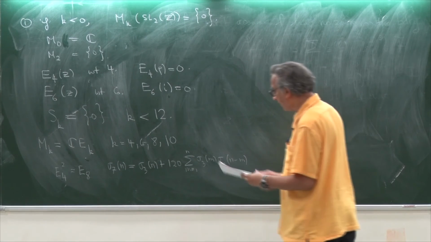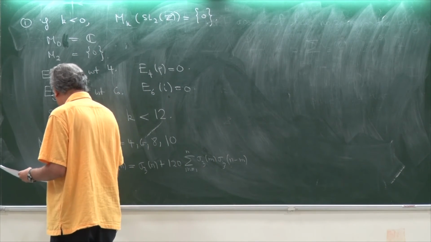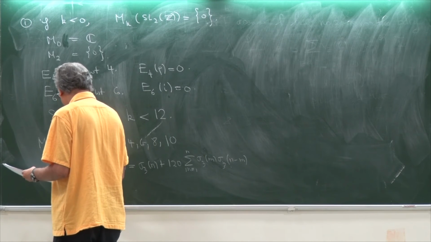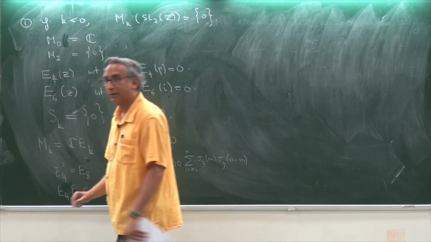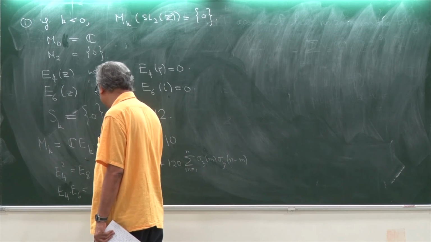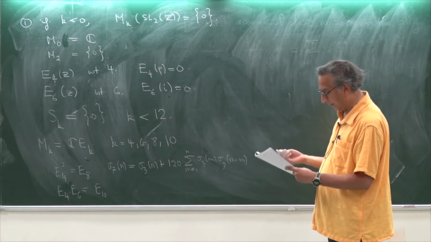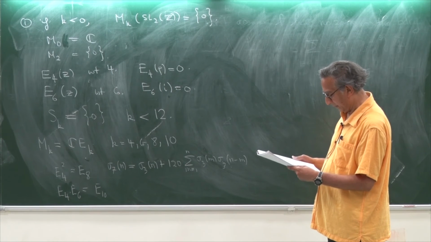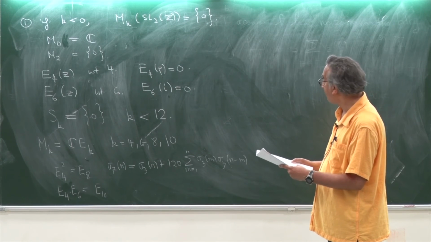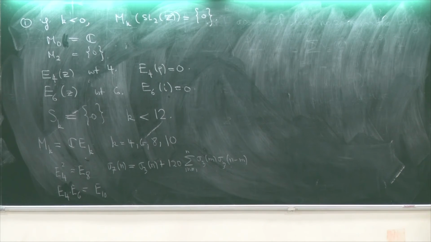And there are similar formulas. You can concoct some similar formulas with E4 and E6. E4 is weight 4, E6 is weight 6. Therefore, E4 times E6 has to have weight 10, but it has to be a multiple of E10. And what is it? It's that. And that gives rise to, again, another convolution identity. So this is some interesting stuff that you can get from low dimensions.